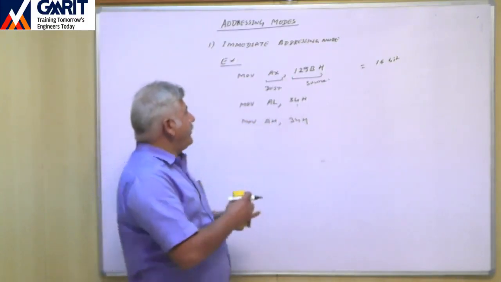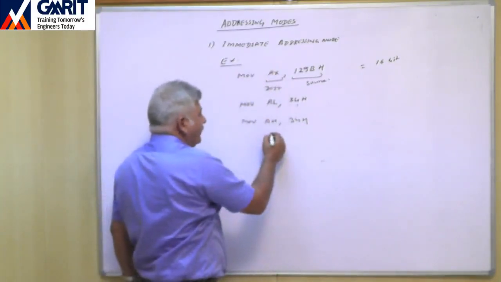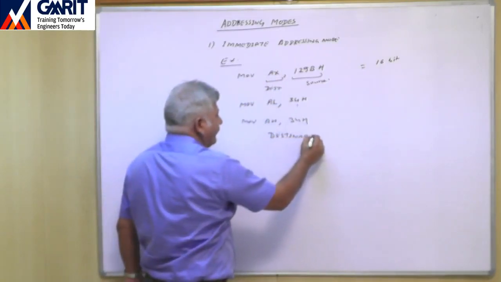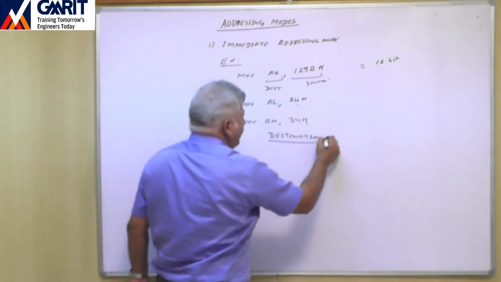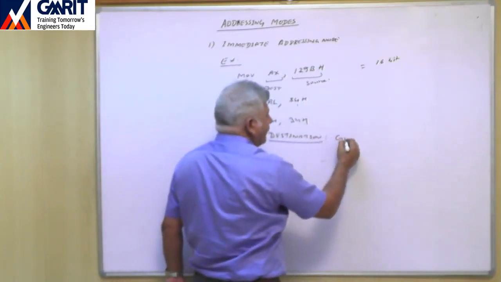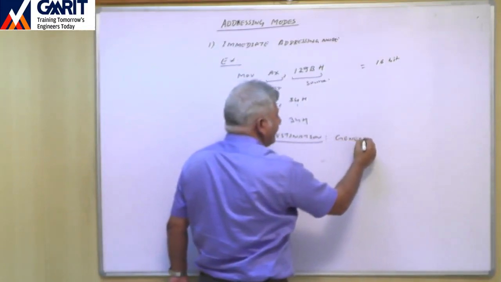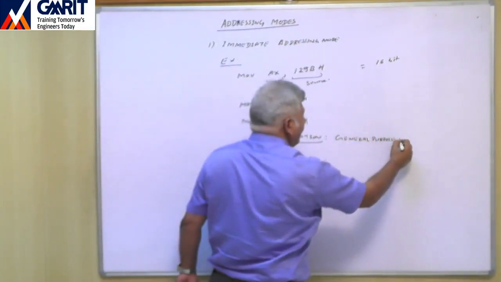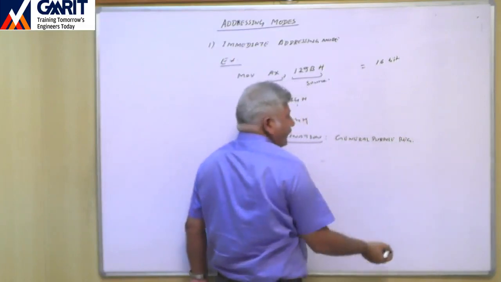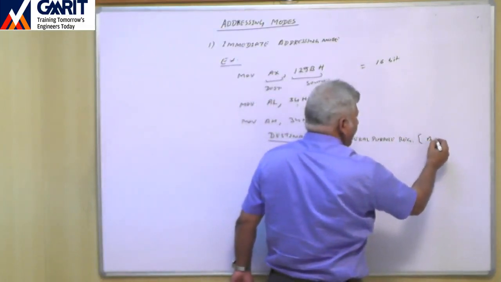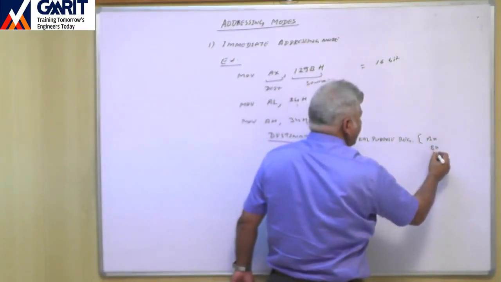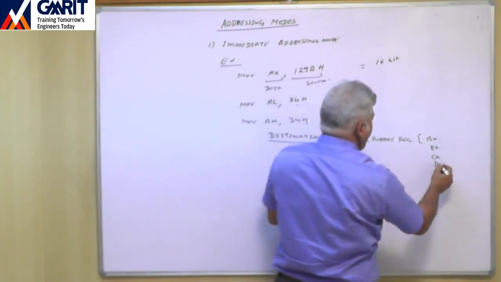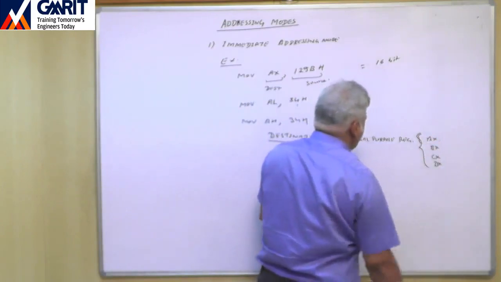So in this way, in the destination, we can use any general purpose register like AX, BX, CX, DX. We can use any of these registers, right?